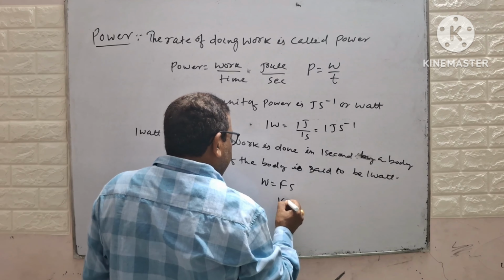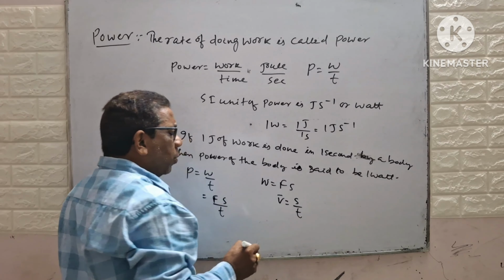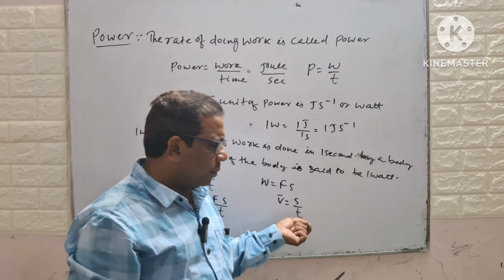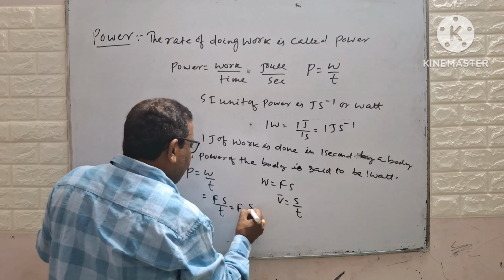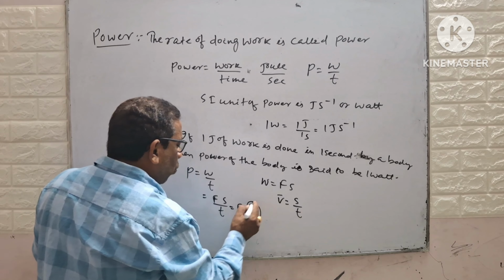Also, velocity equals displacement by time. If we separate it, F into s by t. For s by t, we can write v.